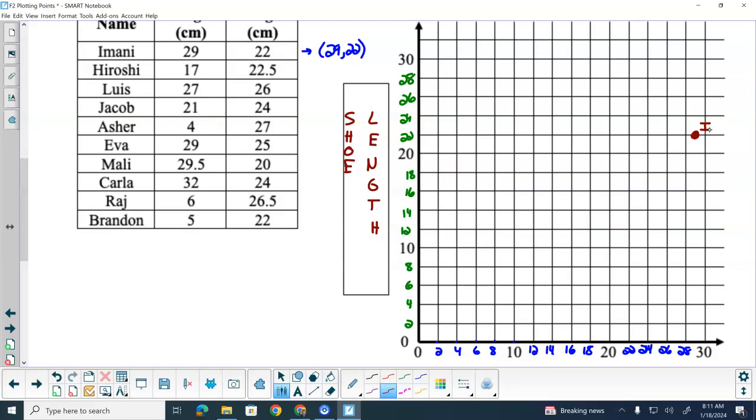For Hiroshi, this one. 17 right, 22.5 up. Okay, so 17 to the right is here. And then 22.5 would be a little bit above that 22 line.